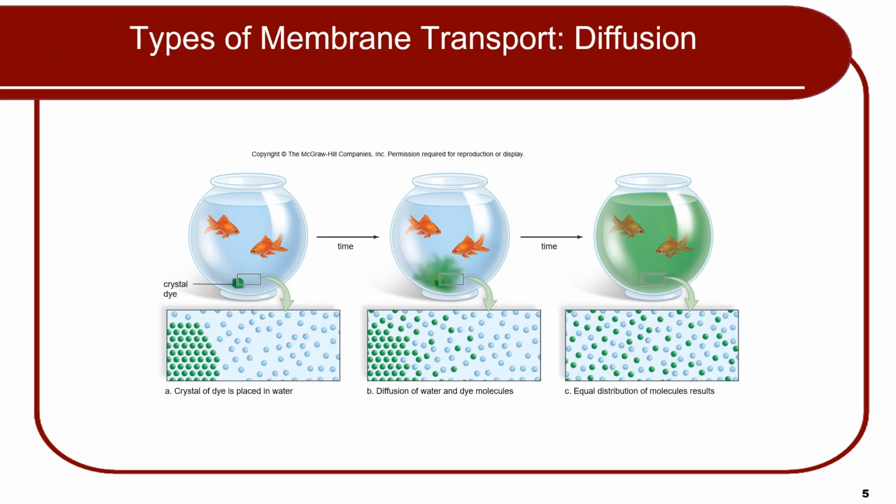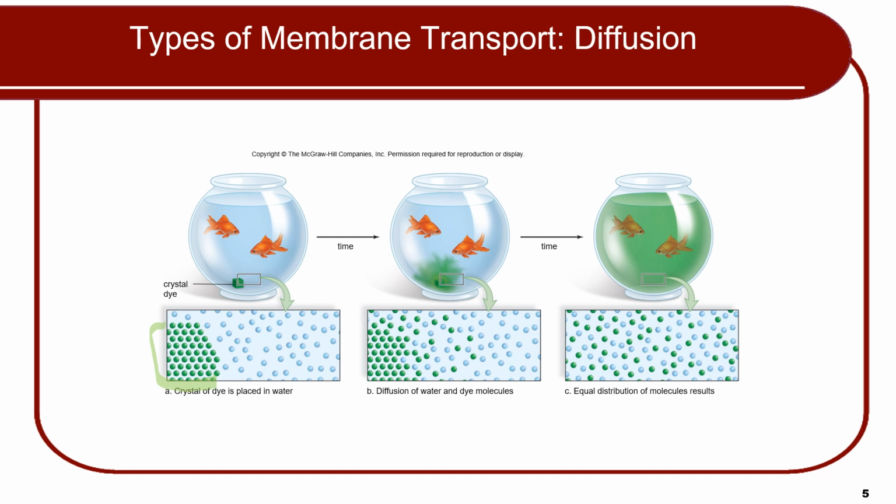So let me show you some pictures of that. An example of diffusion: we have these two goldfish in a fishbowl, and we put a little crystal of green dye in the water. Initially all the molecules of green dye are together in that crystal, but with time they're going to diffuse away from the crystal until they're equally dispersed throughout the water.